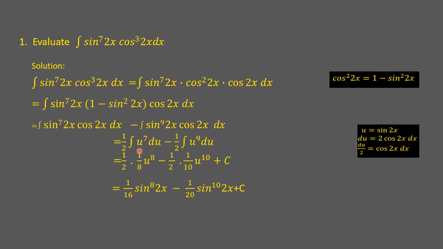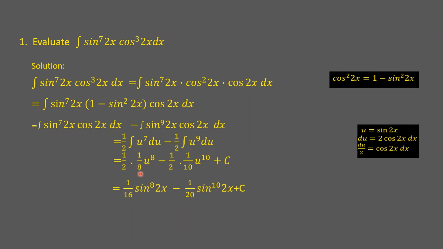We have u to the 7th. This is your sine to the 7th 2x. Then cosine of 2x dx is given by du divided by 2. So the first term is given by 1/2 the integral of u to the 7th du, and then the second term is given by negative 1/2 the integral of u to the 9th du. Okay, now applying the rule on how to integrate a power, the integral of u to the 7th du will just be equal to u to the 8th divided by 8.